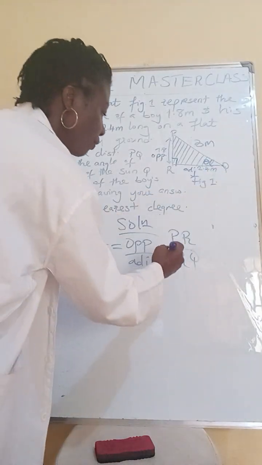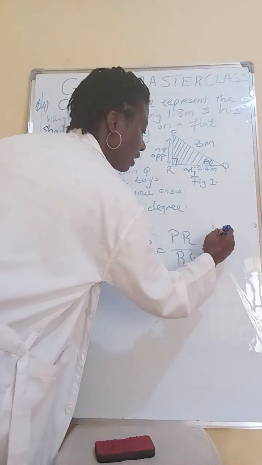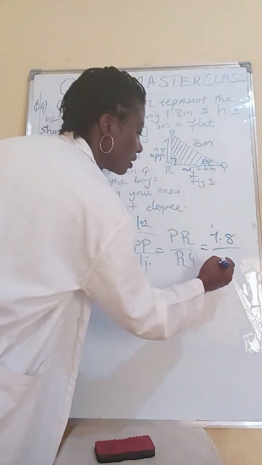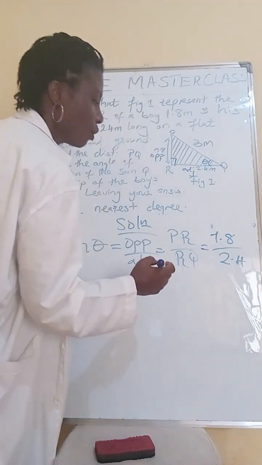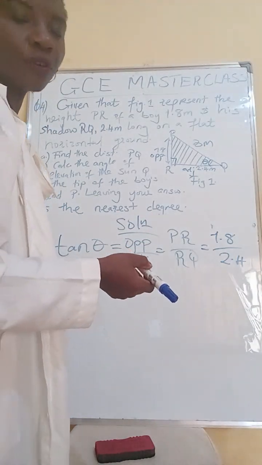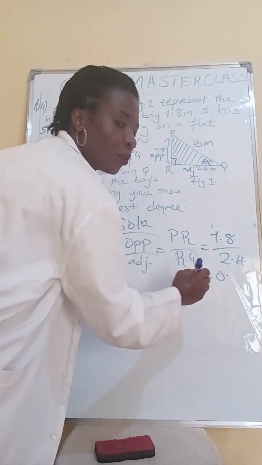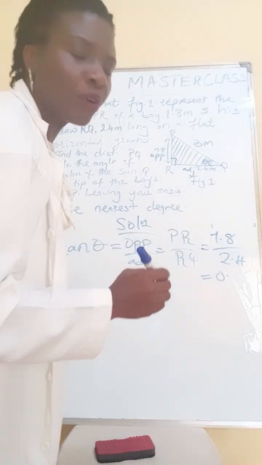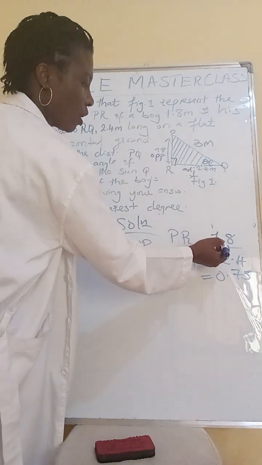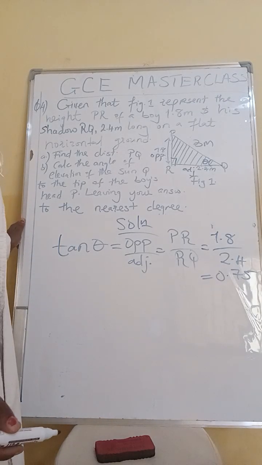So from here, PR is giving us 1.8, and RQ here is giving us 2.4. If you use your calculator, 1.8 on 2.4 is going to give us 0.75.